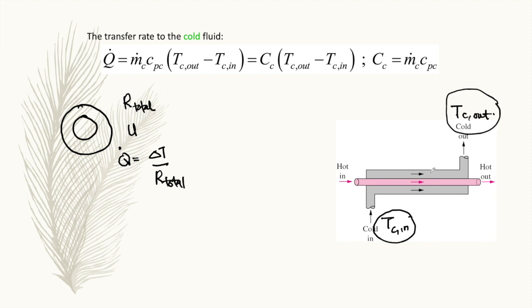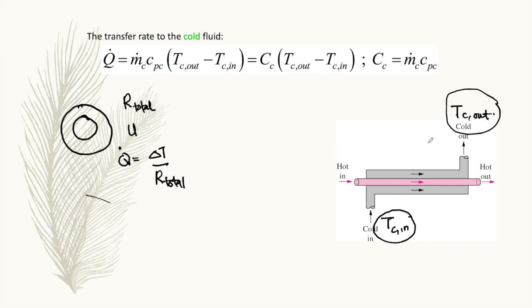Therefore, you will understand how much energy is being transferred to the cold fluid. That's why we are using this equation. So if you want to calculate the temperature at the inside surface or outside surface of the first tube, you may equate it with this Q dot.